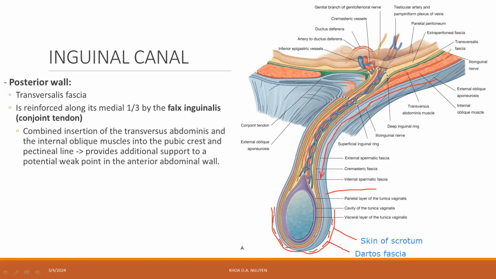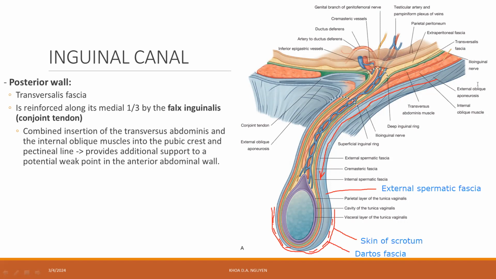And now down here around the testicles, this is not called the external oblique fascia anymore, but it's going to be called the external spermatic fascia. But it's the same thing, okay? External oblique fascia or external spermatic fascia is from the same source. Okay, and the source is the external oblique aponeurosis up here.